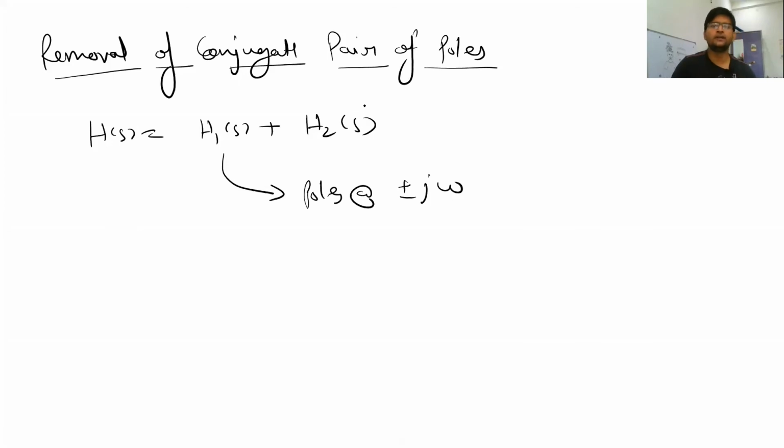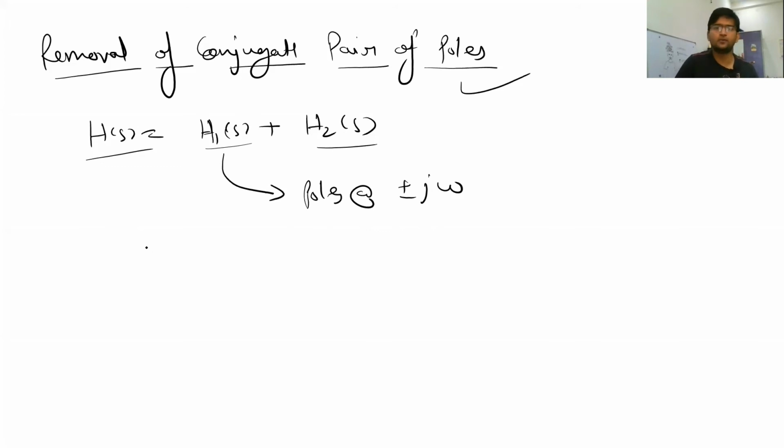Now in the third case, let us take the removal of a conjugate pair of poles from any given network function. Suppose a network function H(S) is given, let me call it the combination of H1(S) and H2(S). H2(S) can be any arbitrary polynomial, and this H1(S) has a pair of conjugate poles on the j omega axis. Let me say that H1(S) has poles at plus minus j omega.